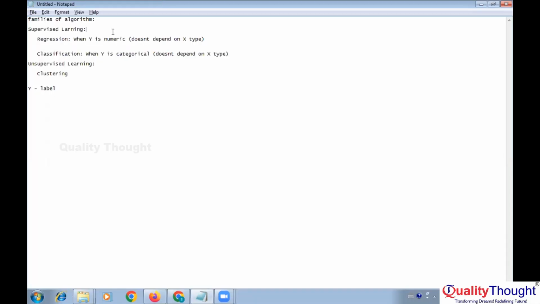Say Y column is present here, and here Y column is not present. So column Y is present, and this is regression and classification. These are the two decisions you have to make.